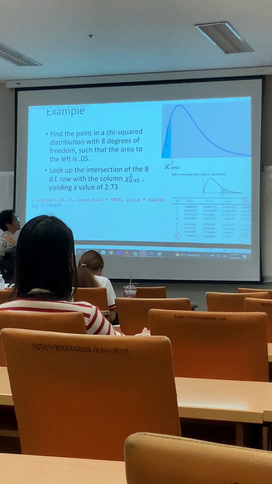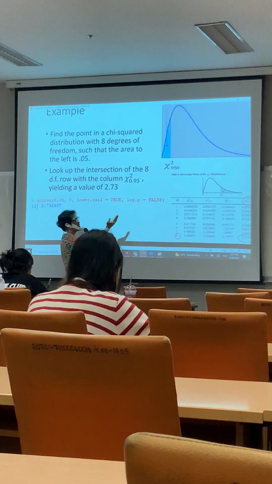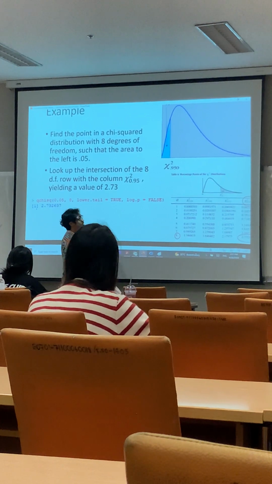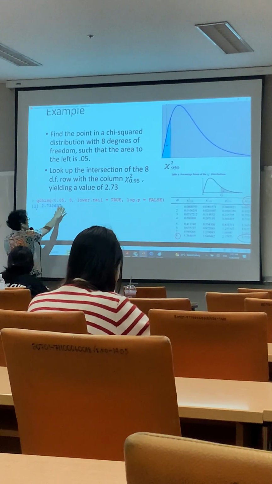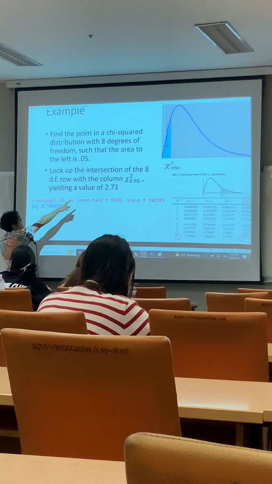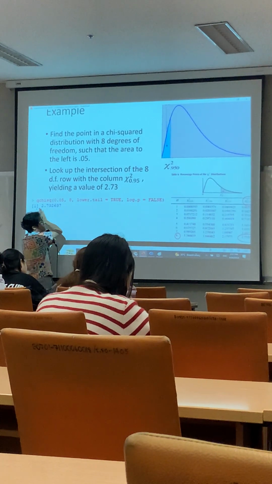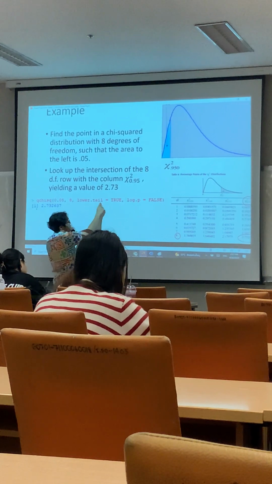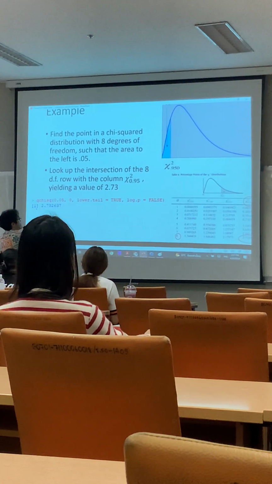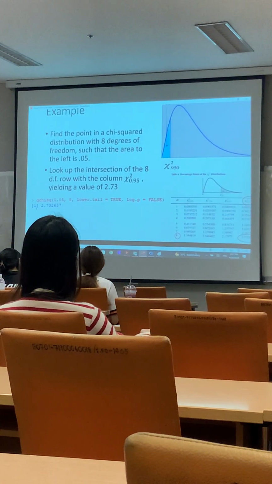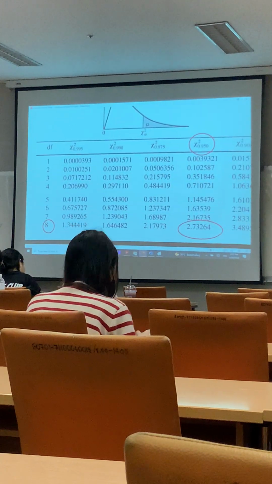But in R, you can calculate upper tail or lower tail, unlike the table, which only tells you the upper tail area. So here you can specify 0.05 that we want the blue area, and we want the lower tail, the area to the left, so lower.tail has to be TRUE, and the degree of freedom is 8, and you can see that you get the same number, 2.732. That is the same number as in the table.